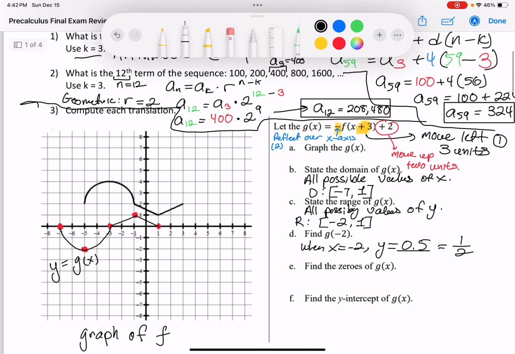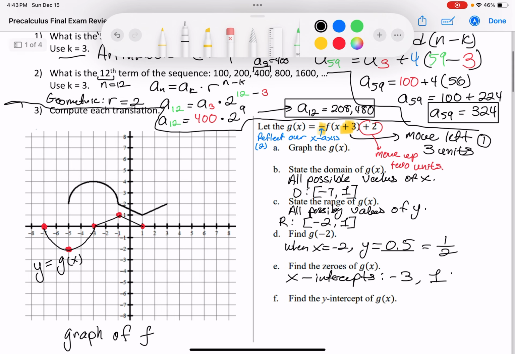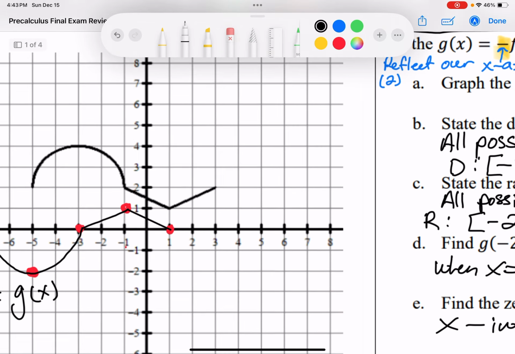E says find all the zeros of g of x. So remember, zeros are x-intercepts. And the x-intercepts appear to be -3 and +1. So those are my zeros. And last but not least, it says find the y-intercept of function g.